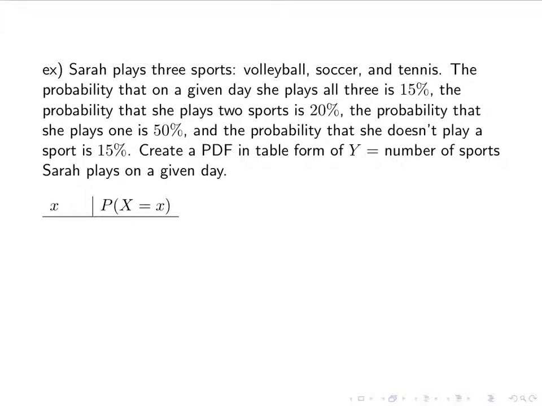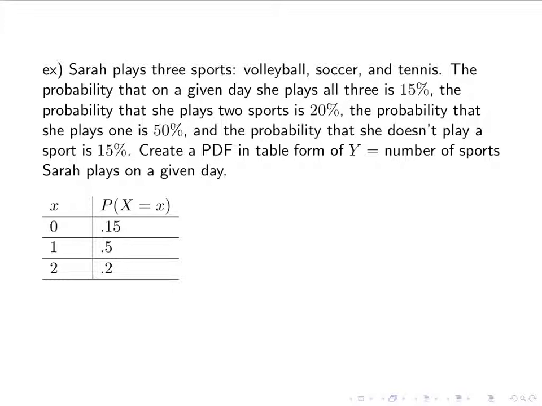So our tables always start with X and then the probability that capital X equals x. One of the possible values of X is 0. She doesn't play a sport. And that probability, according to the paragraph above us, is 15% or 0.15. X can be 1. She might just play 1 sport. And according to the paragraph above, the probability that she plays 1 sport is 50% or 0.5.